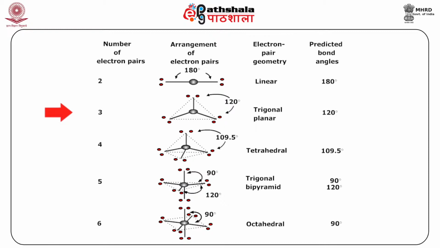For 3 electron pairs, the geometry is trigonal planar with 120 degrees bond angle. For 4 electron pairs, the geometry is tetrahedral with bond angle 109.5 degrees. For 5 electron pairs, the geometry is trigonal bipyramidal with bond angles 90 degrees and 120 degrees. And for 6 electron pairs, the geometry is octahedral with bond angle 90 degrees.